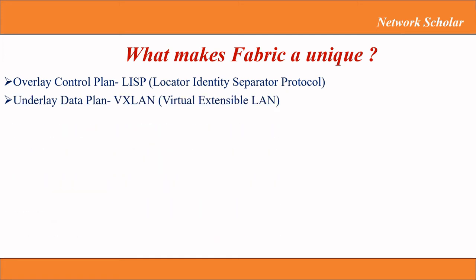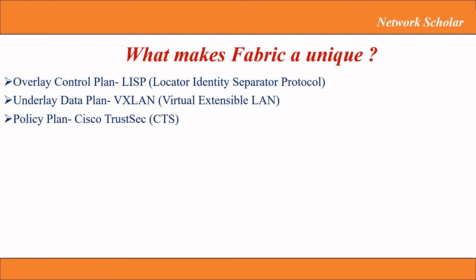Then we have the underlay data plane, which is VXLAN, Virtual Extensible LAN, and then we have the policy plane, which is created by Cisco TrustSec. So these are the three components which make your fabric unique. As we are decoupling the control plane and data plane from your existing campus network, the control plane will be LISP and the data plane will be VXLAN, and all the policy integrated into this infrastructure will be by Cisco TrustSec.